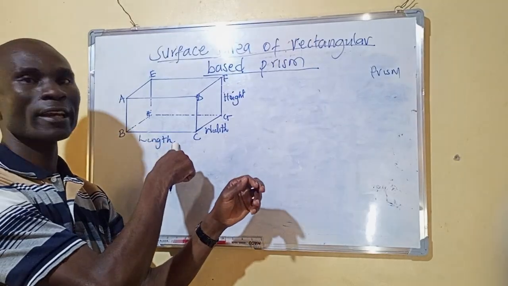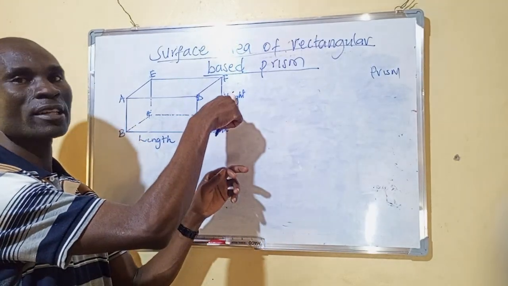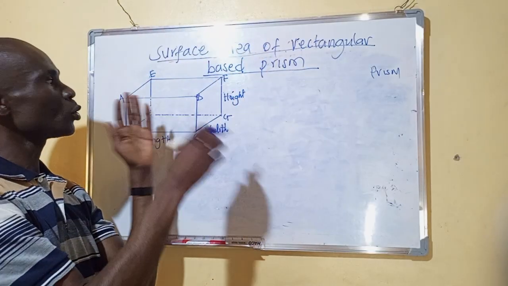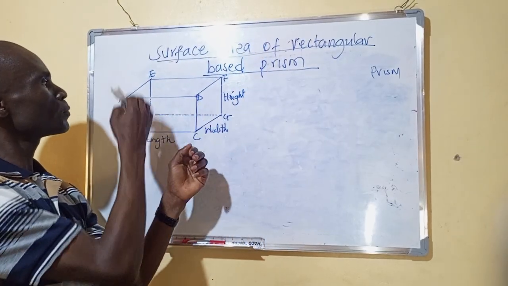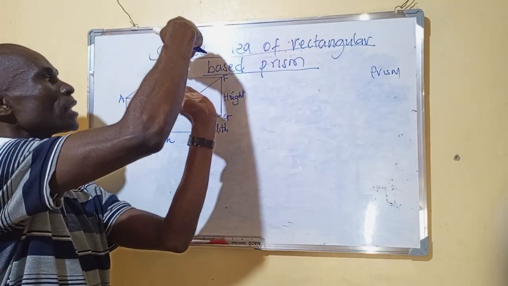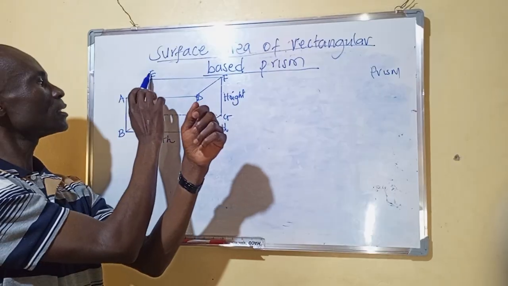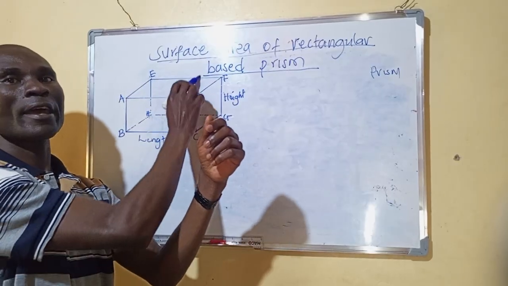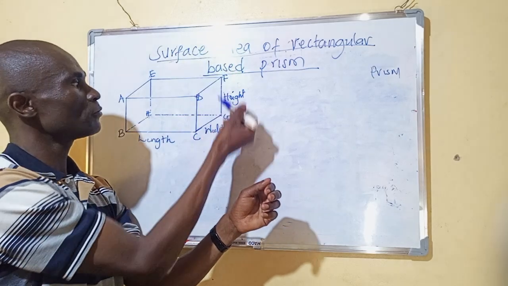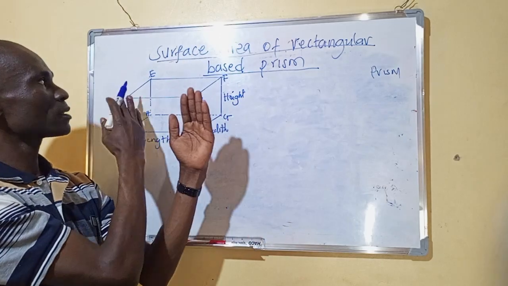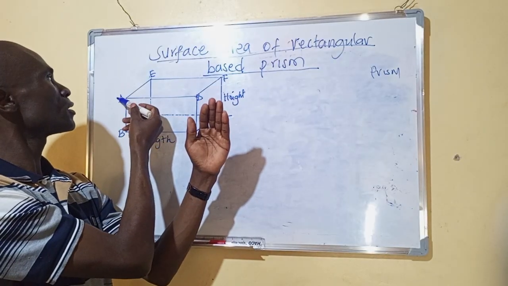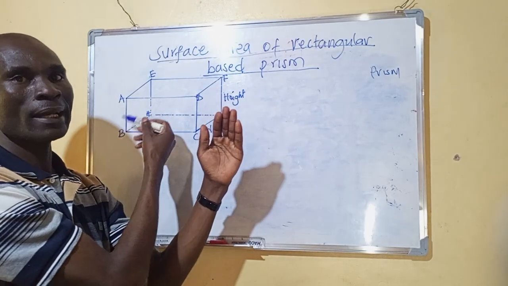You remember we have the length, the width, and the height, the rising part. If you check well, this part A, B, C, D is the same as the part behind there, which is E, H, G, F. We also have this part D, F, G, C, which is the same as the opposite part, A, E, B, and H.